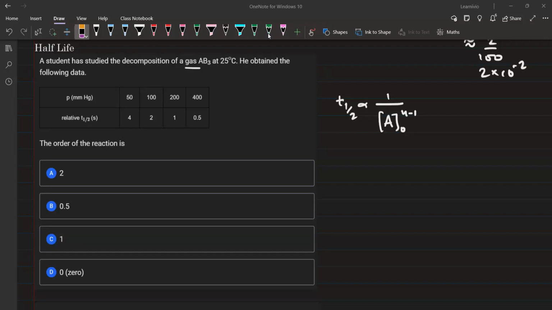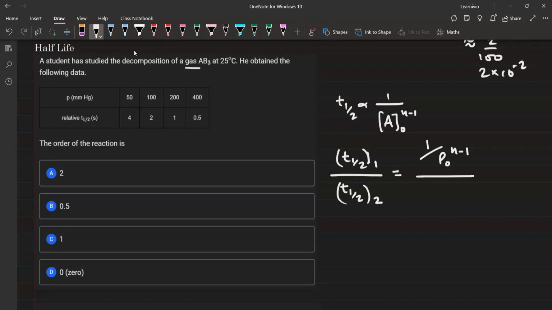Yes, correct. See, let us suppose T half of first experiment divided by T half of second experiment will be equal to 1 upon P naught n minus 1 divided by 1 upon P1, P2, because it is 1 and 2, P2 to the power n minus 1.